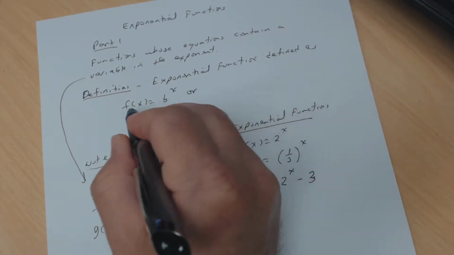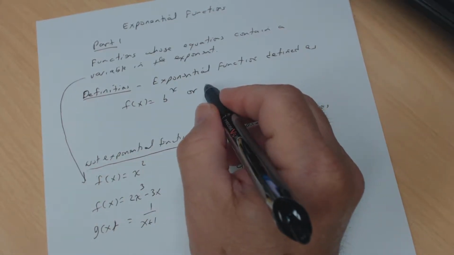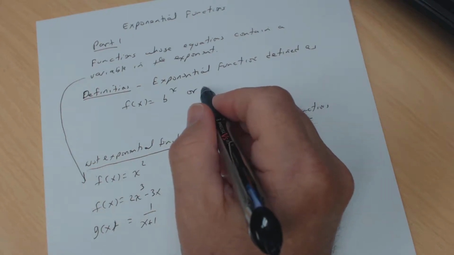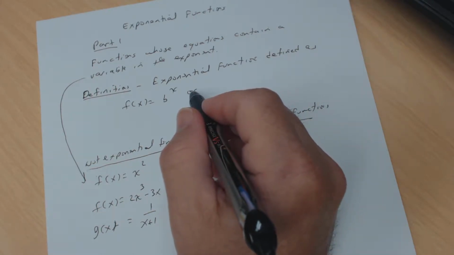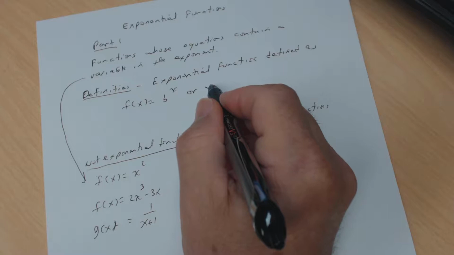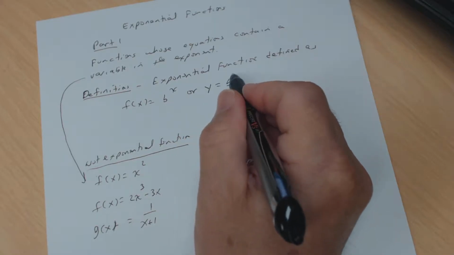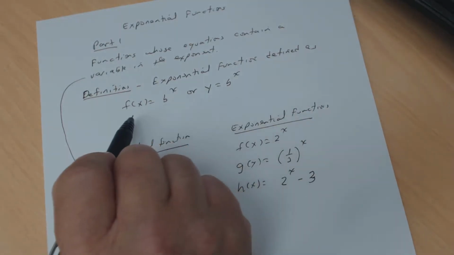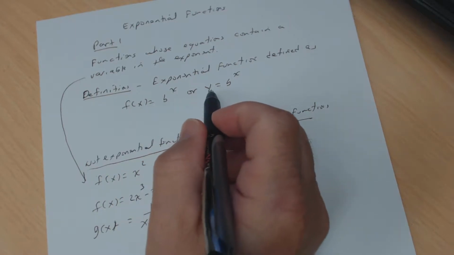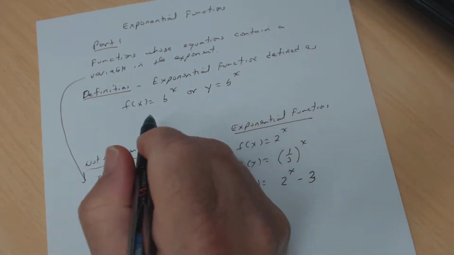Now remember, f of x means the same thing as y, so we can say y equals b to the x. It can be written in function notation, or it could just be written with the variable y.